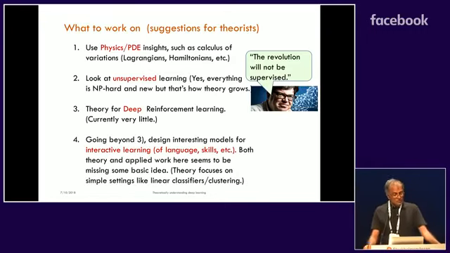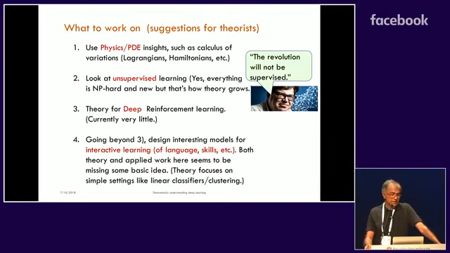And going beyond, it's something I'm very interested in: design interesting models for interactive learning of languages, skills, etc. And I think here, theory can really come up with some crucial insight, because it seems that even the applied work here seems to be missing some basic idea. The applied work is not doing anything very complicated here.